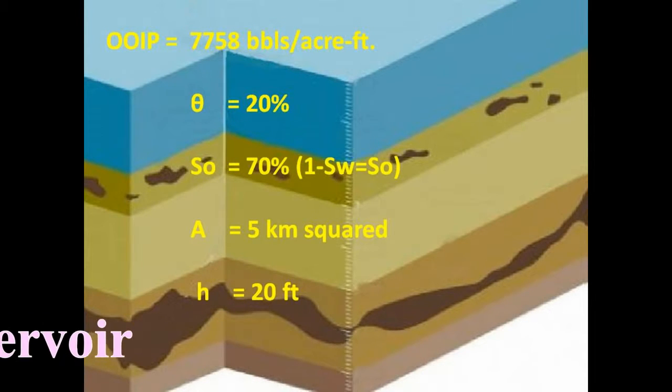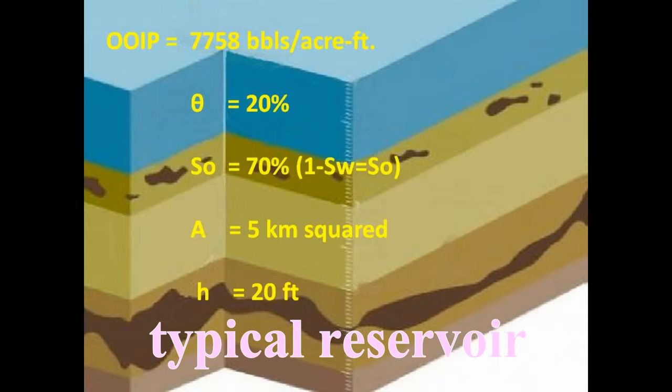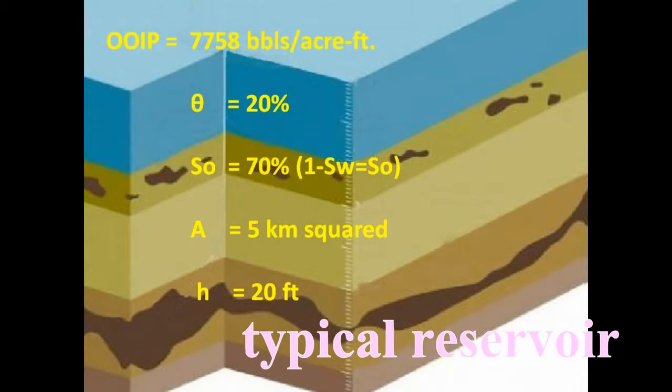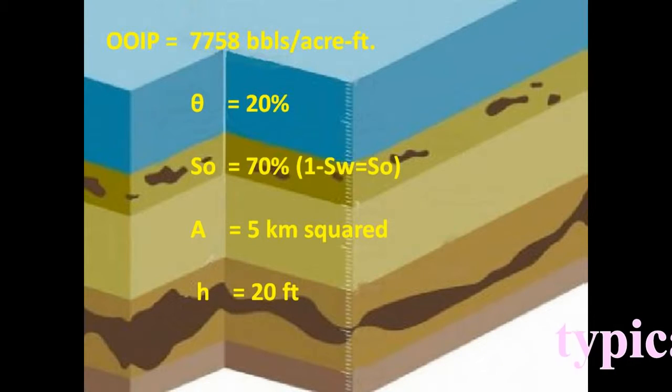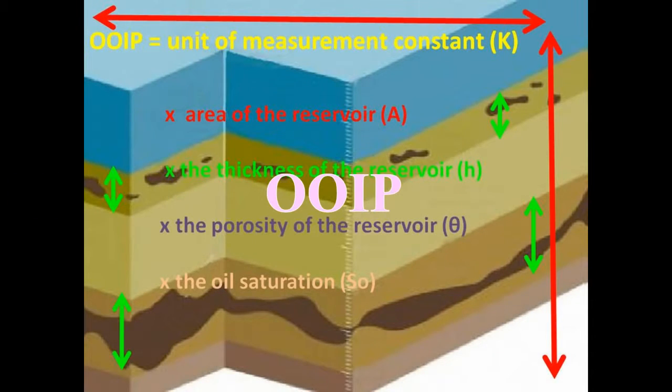Therefore, if a typical reservoir has the following values, phi equals 20%, SO equals 70%, A equals 5 kilometers squared, H equals 20 feet, then we will be able to find OOIP.